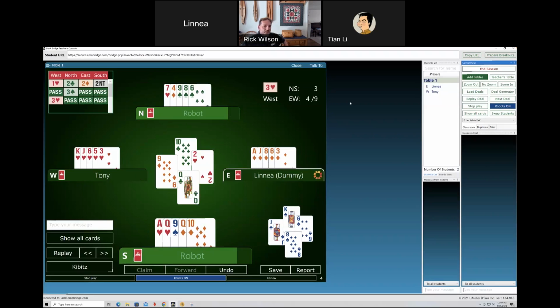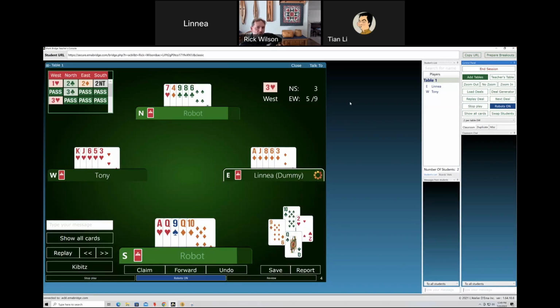Yeah, that's not what you want to do there, because your diamond was not a loser. You're going to wind up losing 2 more hearts.